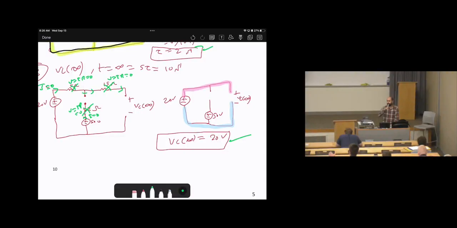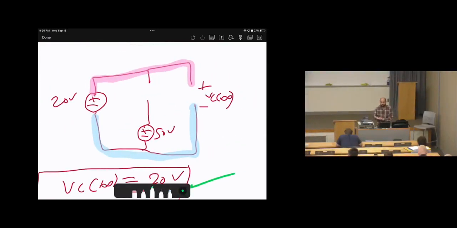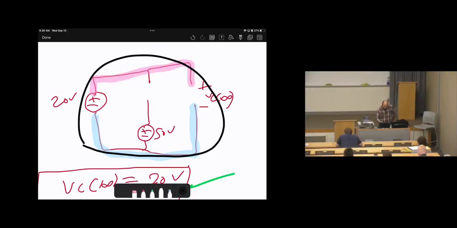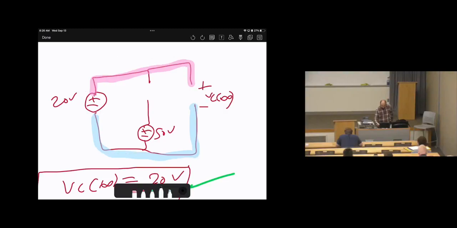Yes? Can you explain how you got the 20 volts one more time? Here? Yes. Okay. So you can either do KVL at the outer loop, or when I label the nodes, you see VC of infinity and 20 volts source between the pink node and the blue node. Therefore, these two are in parallel.